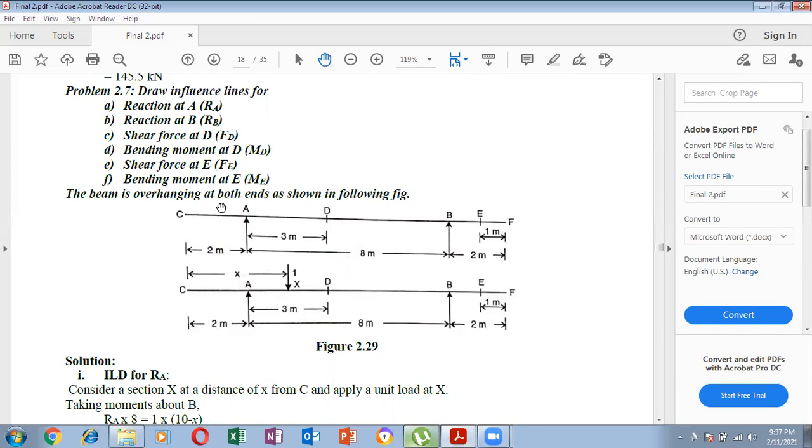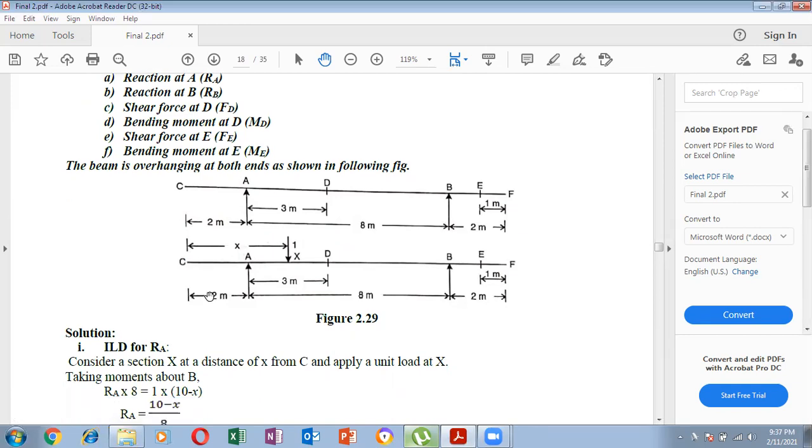So let us solve one by one, starting from the ILD for RA.